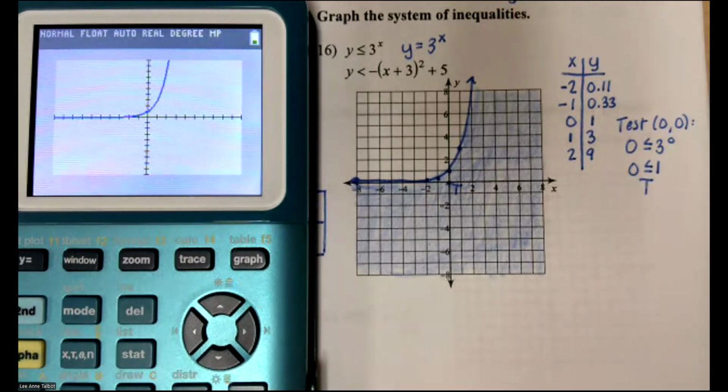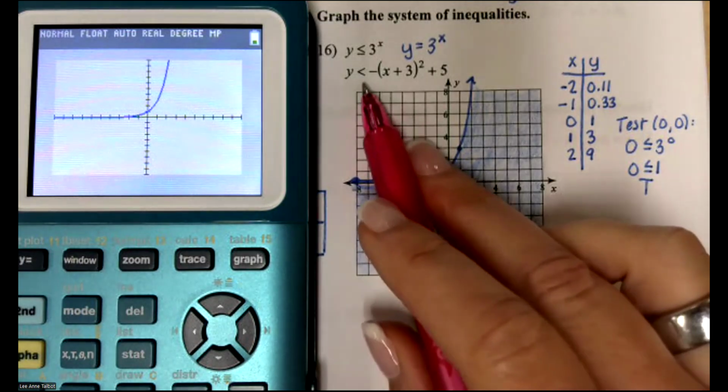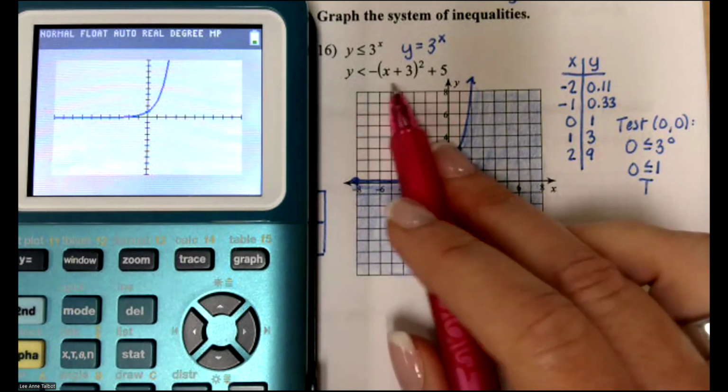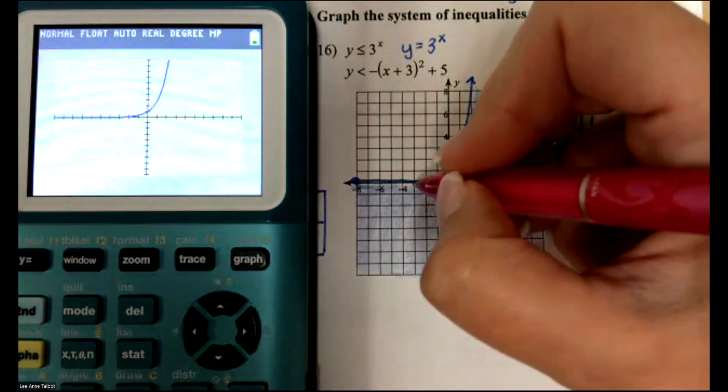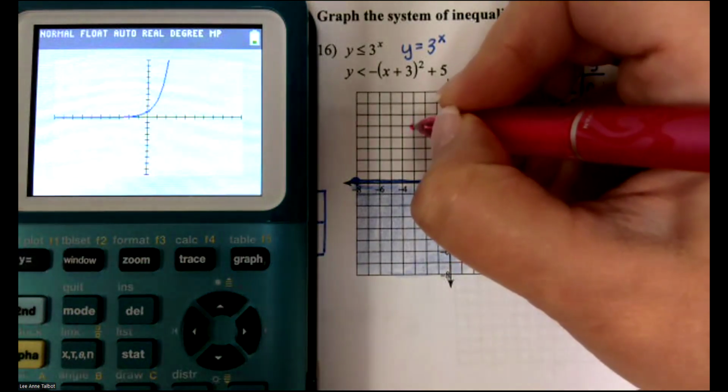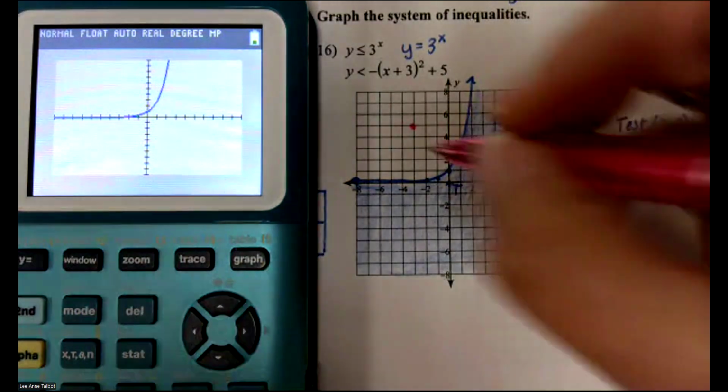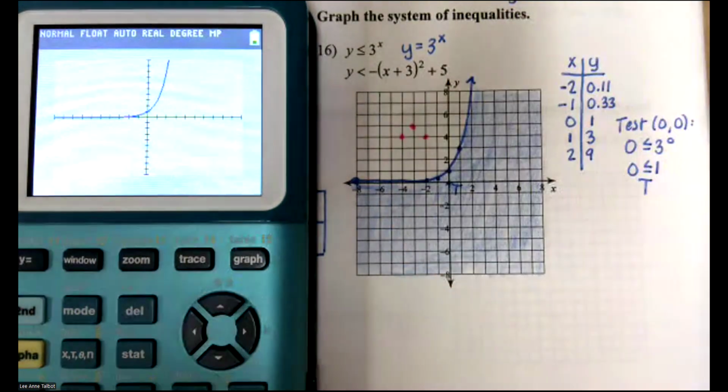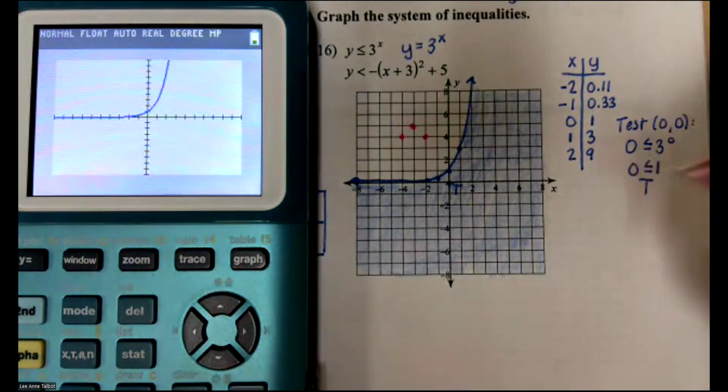Okay, now for the parabola, I'm just going to graph the vertex and use the a=1 trick, except that it's going downward. So the vertex is (-3, 5), which is here. And a=-1, so I can use the a=1 trick going down.